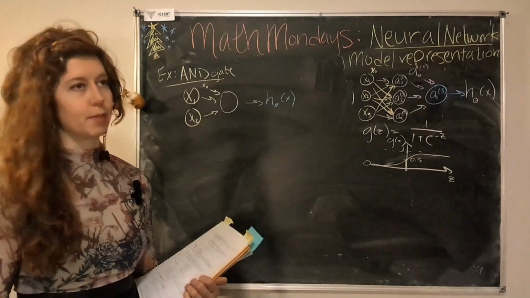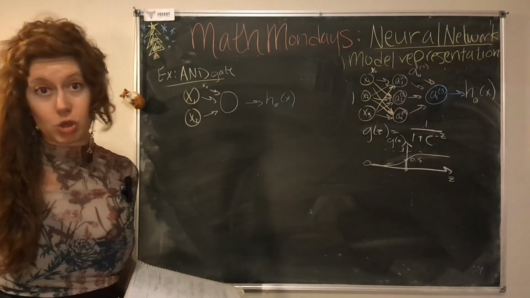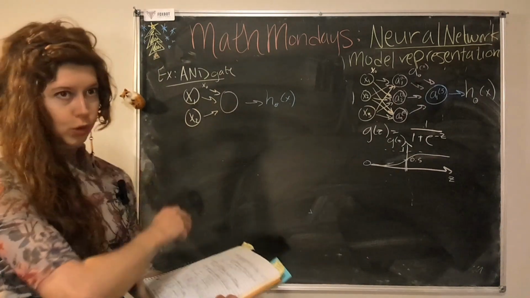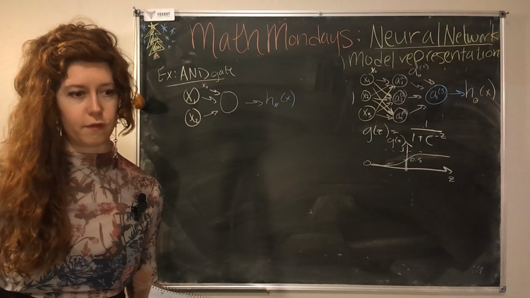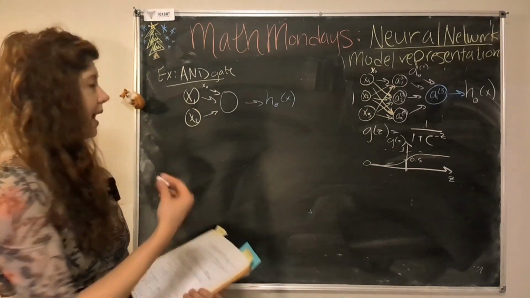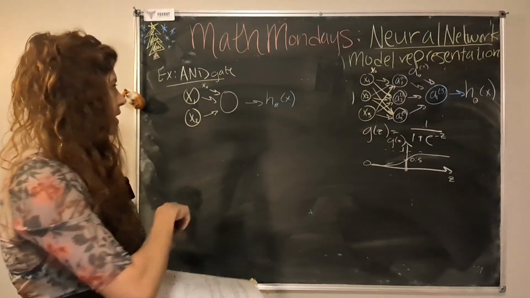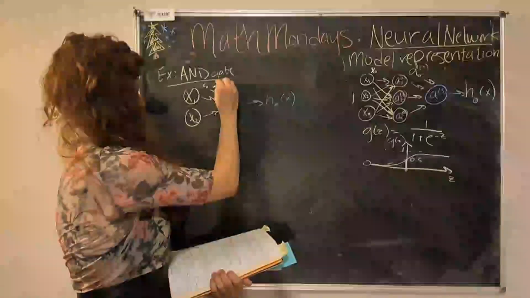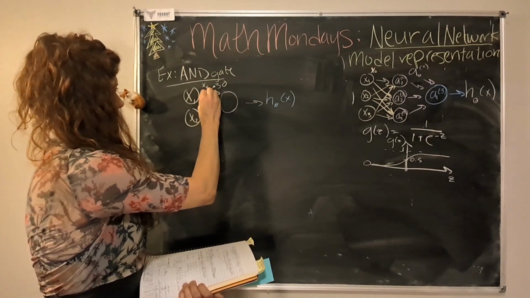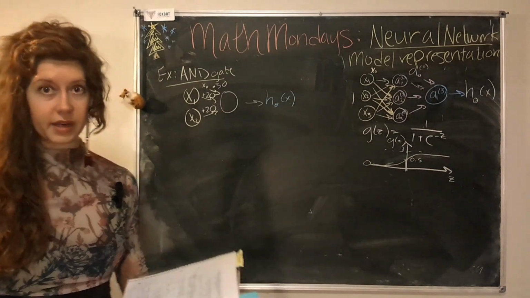You would do this by trial and error using gradient descent, the previous types of applications we've learned in machine learning. For this simple example, we're just going to have some weights here. This is going to be -30, this is going to be +20, this is going to be +20, and we'll see why in a second.